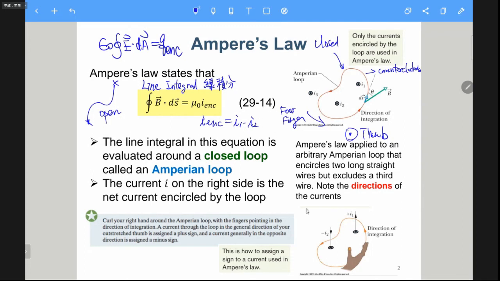Okay, so here it tells you that I1 is positive. You use the right-hand rule to determine the direction of the integration. I1 is positive, I2 is negative, and I3 is not enclosed, so we don't count I3 here.